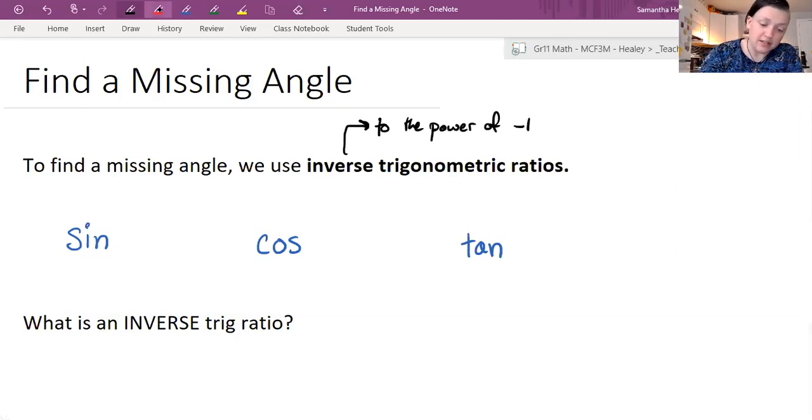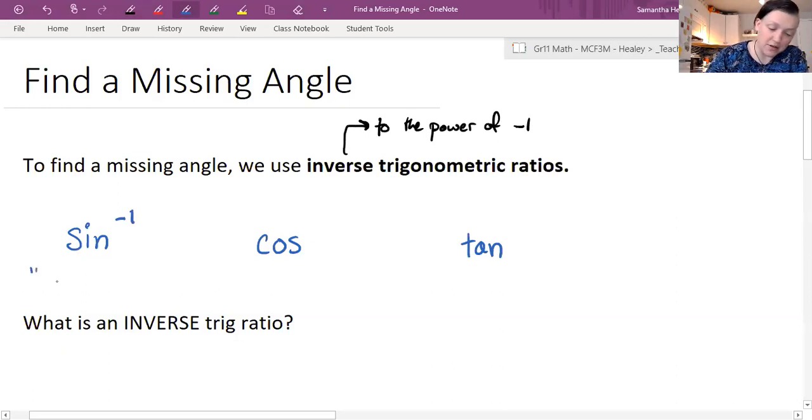For each of these, the way you write inverse is sine to the power of -1, and you read that as sine inverse. Same with cosine, you would read this out loud as cosine inverse.